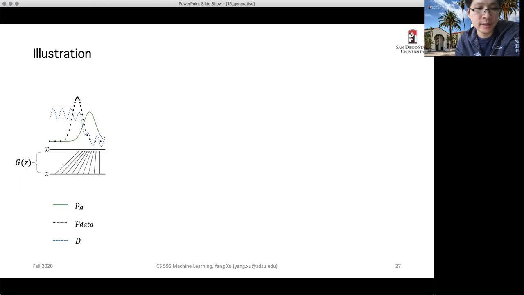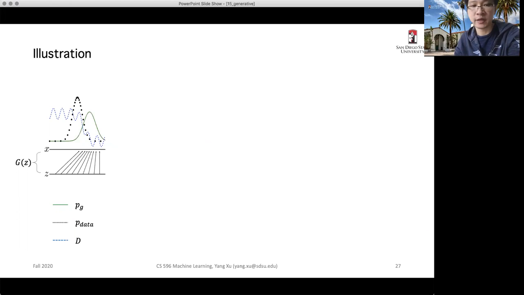And the dashed blue line is the discriminator's performance output. At the beginning, you can see two peaks, right? The dotted black peak is the real data. The green one is the fake data. At the beginning, they are apart from each other.